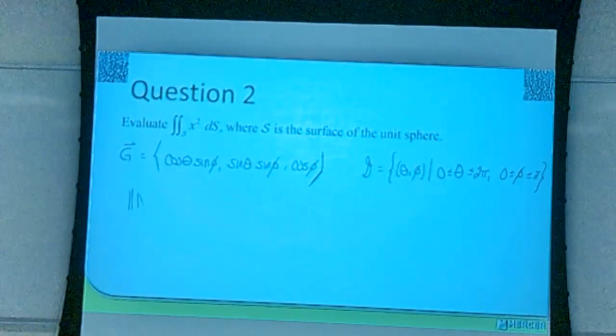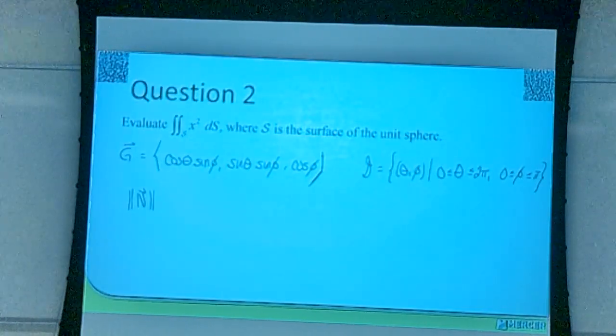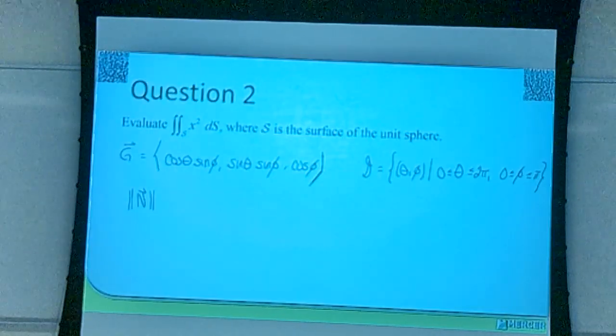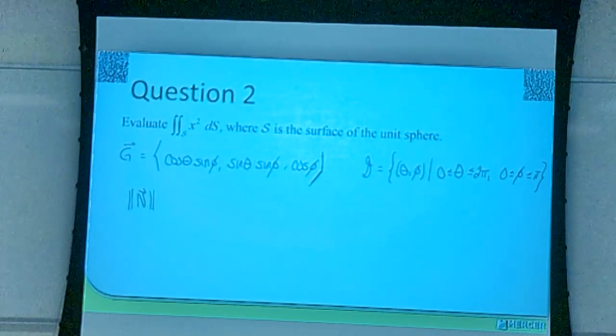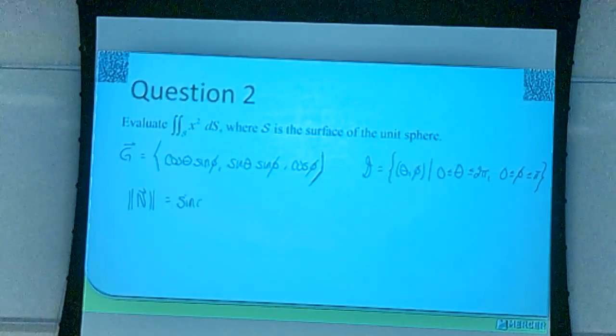Norm of the normal vector. For a sphere, it's the radius of the sphere squared times sine of phi. Well, the radius is 1, so it's 1 squared sine of phi. There's the norm of the normal vector.